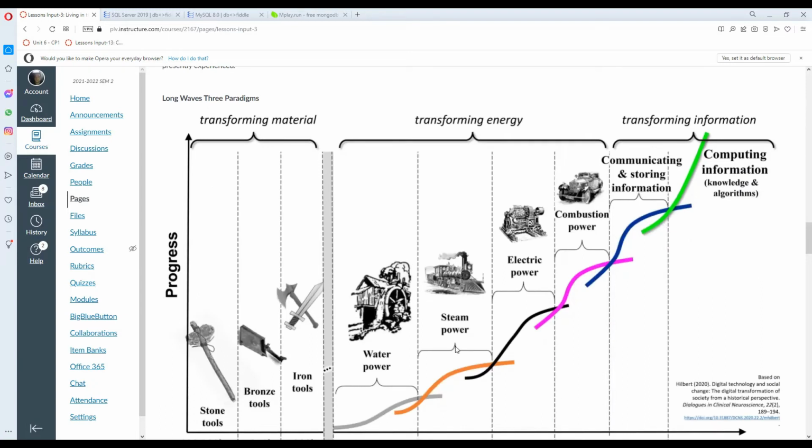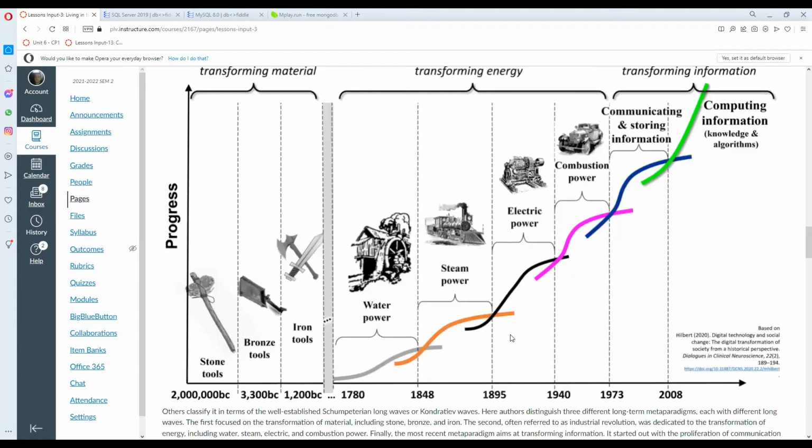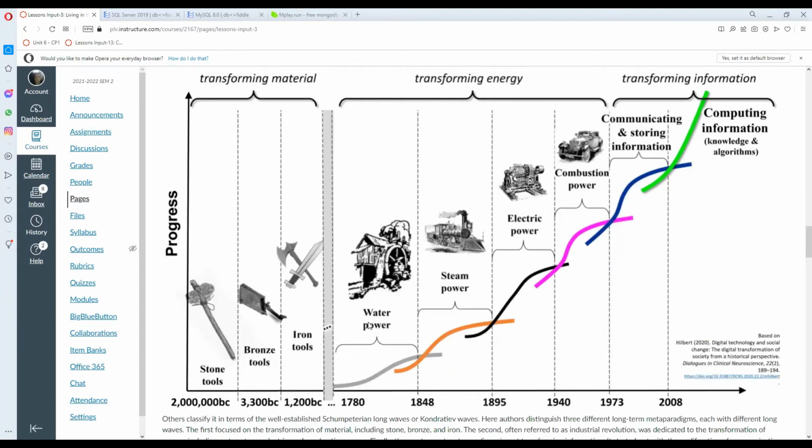We also have what we call the long waves tree paradigm, wherein we have the transforming material, from 2 million BC up to 1200 BC: stone tools, bronze tools, and iron tools. We have the transforming energy, from 1780 to 1973: water, steam, electric, and combustion power.